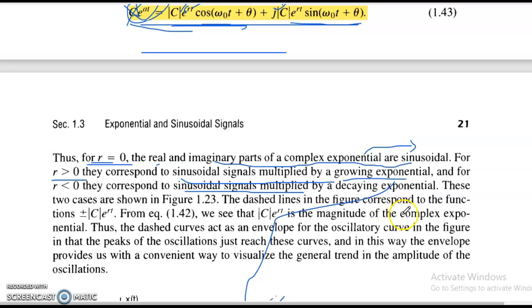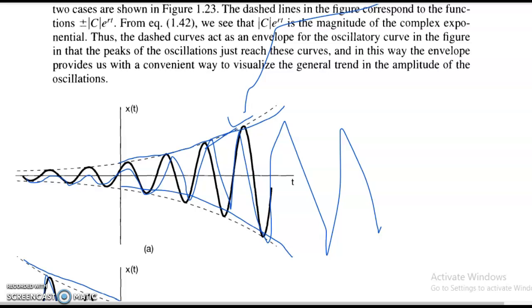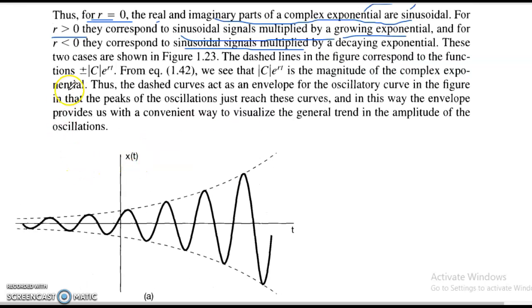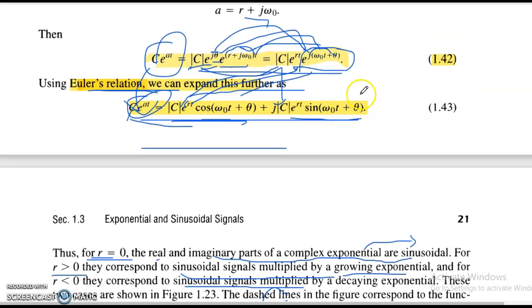The dashed lines in the figure correspond to the functions plus or minus c e power rt from equation 1.42.